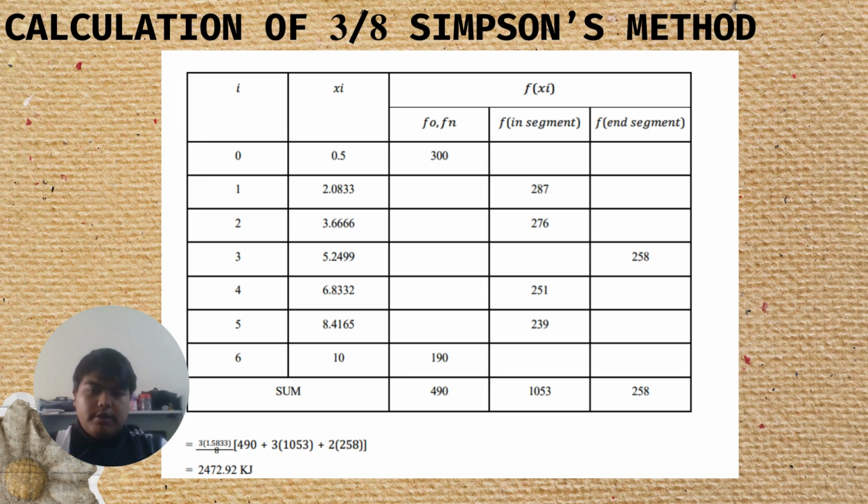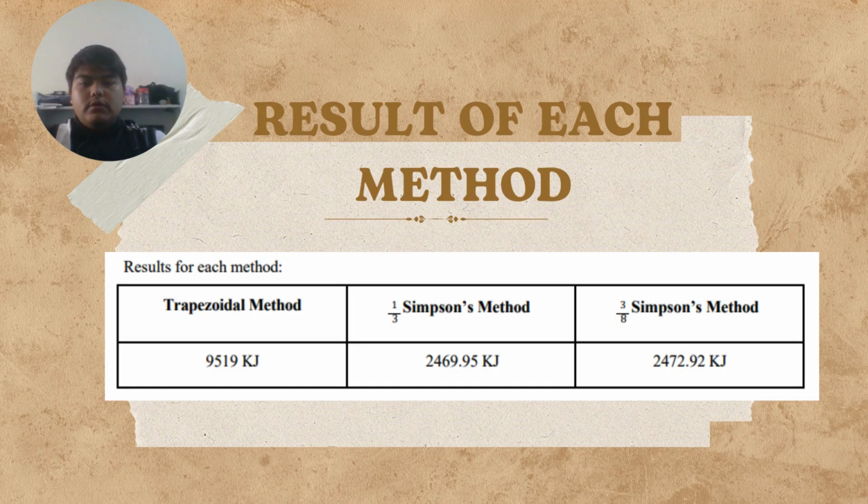We start with 0 and end with 6 for i, and xi is x times the value of the volume in cubic meters. So 0.5 is the start, and we get 490, 1553, and 258. So you get 2,472.92 kJ. So this is the result of each method.